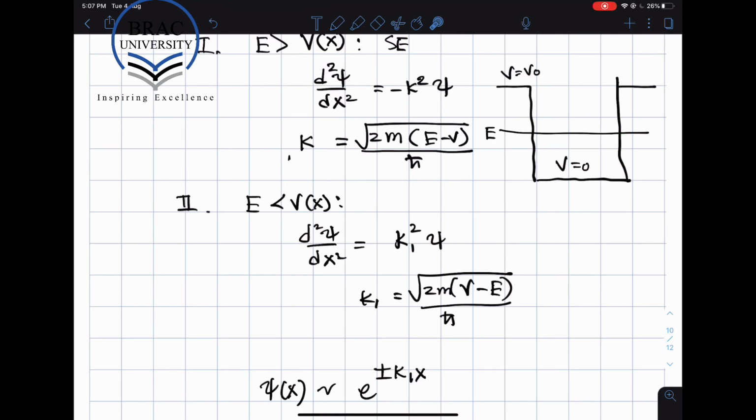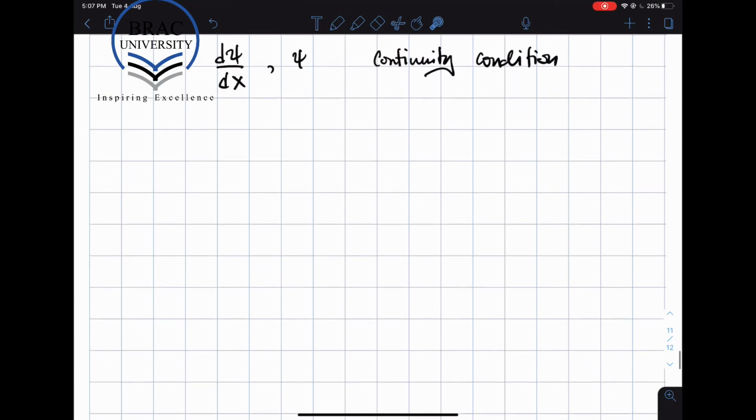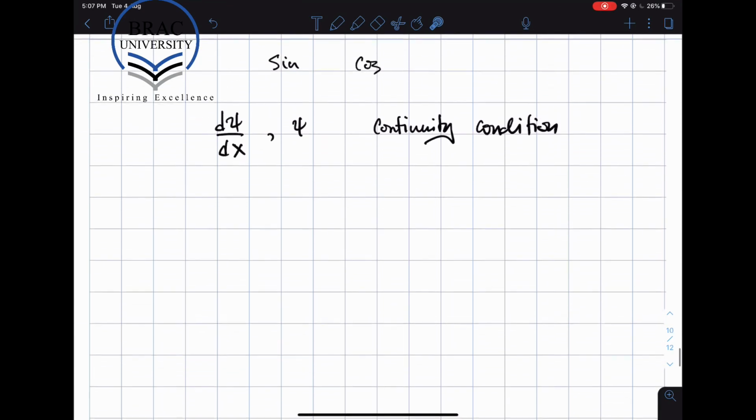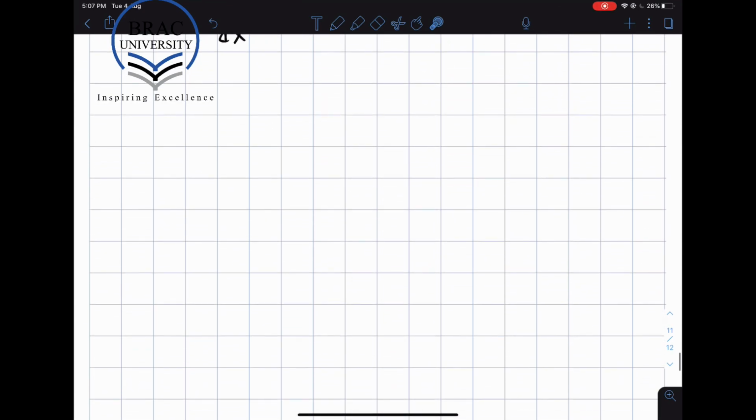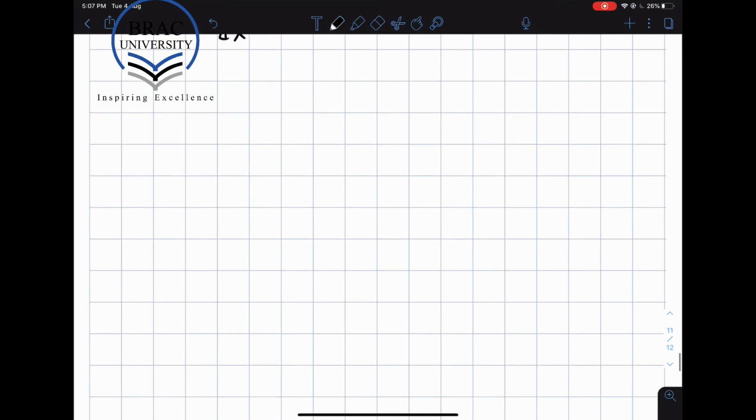Another general observation is that in region 1, our Schrodinger wave equation has this form. Because of this minus sign, the curvature of the wave function is such that it concaves towards the x-axis. What do I mean by that?